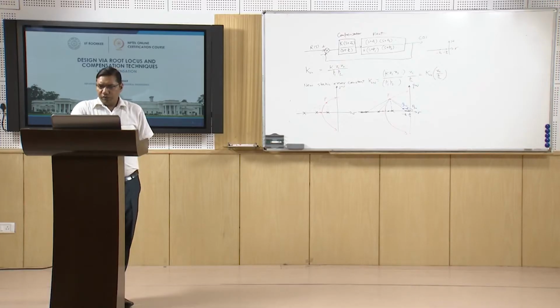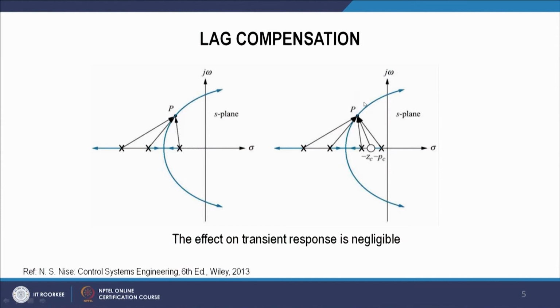We are adding one pole and one zero near the pole, so that the angle due to this pole and the angle due to the zero have opposite sign and cancel each other. Their effect will be very small, and this point P will still be on the root locus.